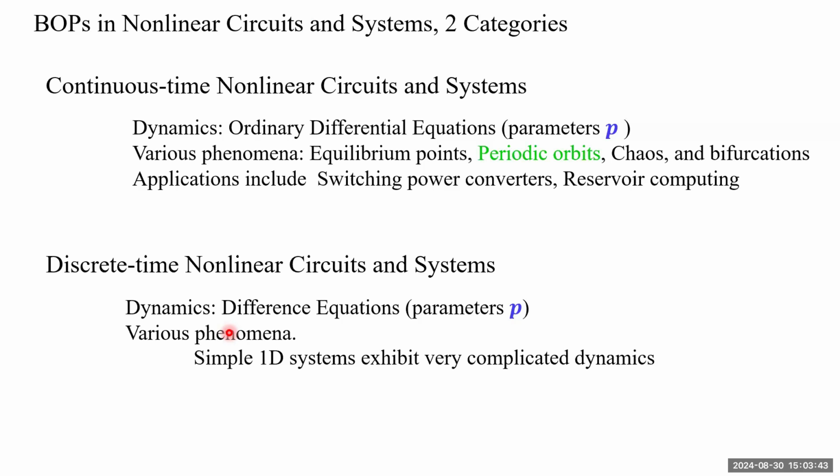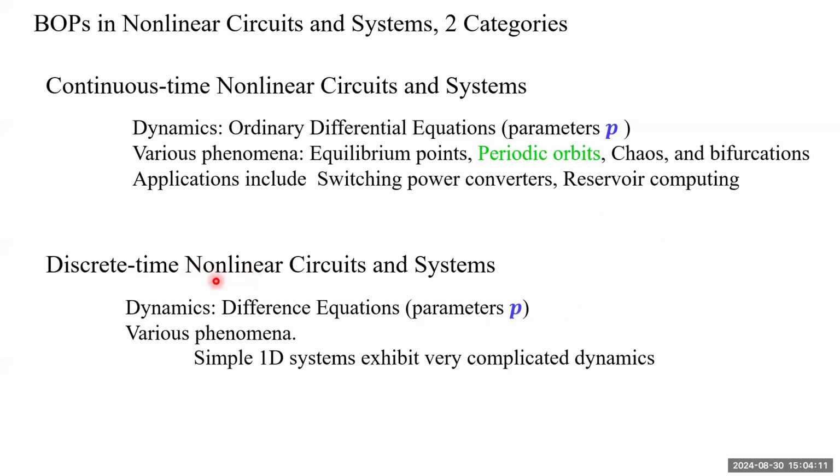There are two categories, continuous time systems and discrete time systems. The continuous time system is described by ODEs, and it exhibits various nonlinear phenomena: multiple equilibrium points, periodic orbits, chaos, and bifurcation. The applications include switching converters, reservoir computing, and so on.